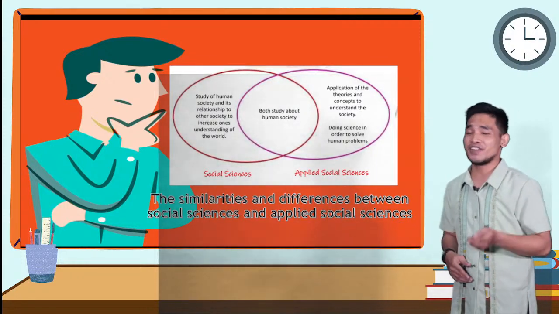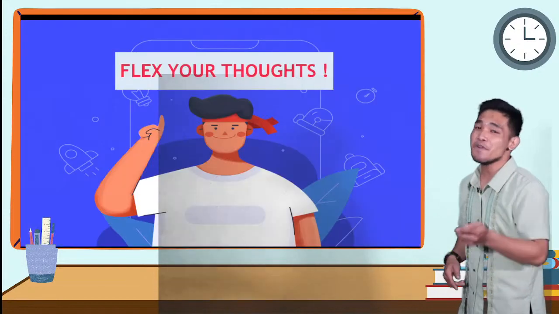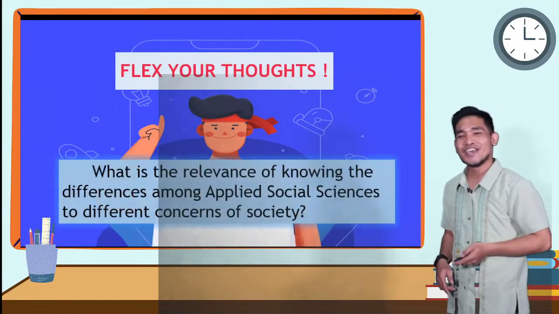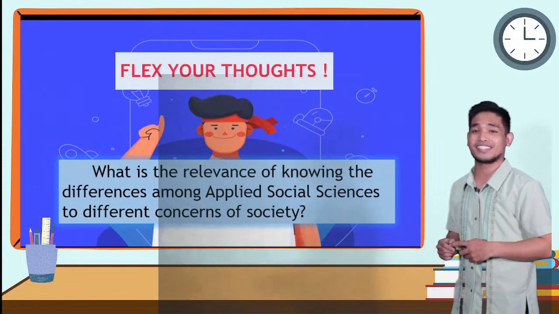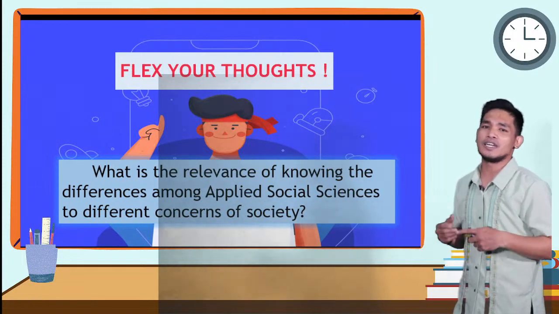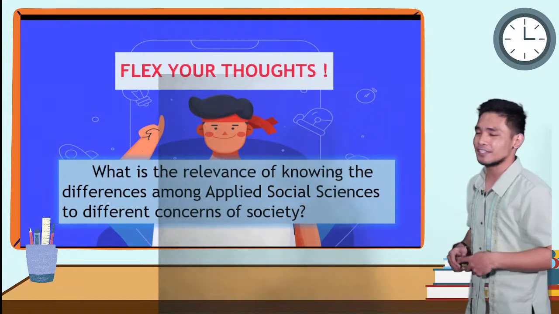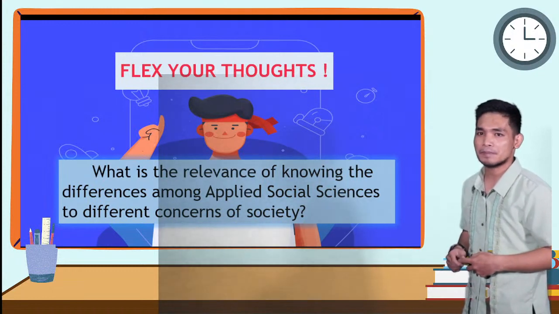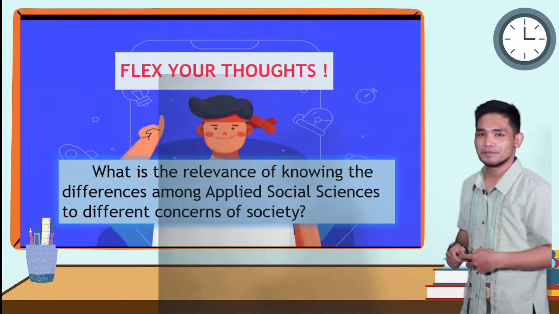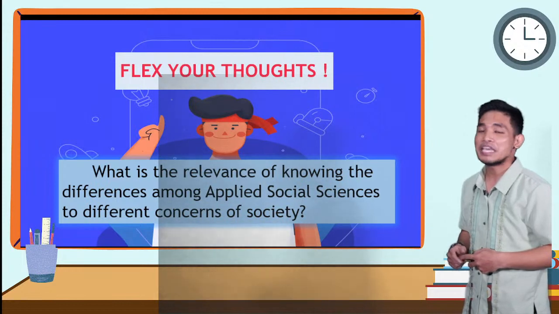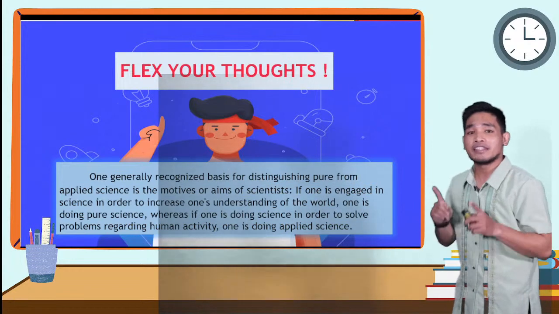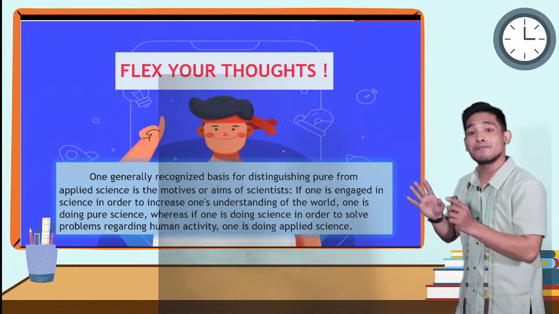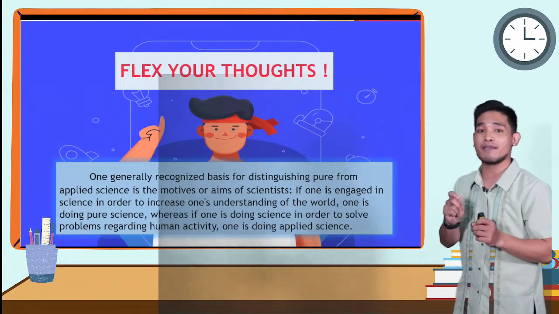All right, if there's no question, let's proceed to Flex Your Thoughts. So what is the relevance of knowing the differences among applied social sciences to different concerns of society? Yes, very good. Because one generally recognized basis for distinguishing pure from applied social science is the motives or aims of scientists.